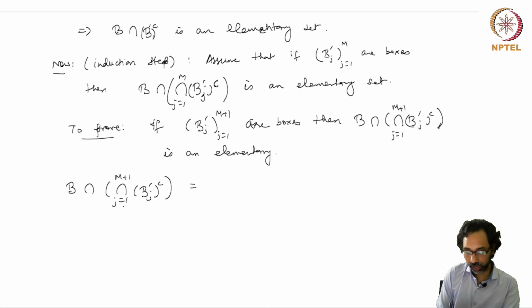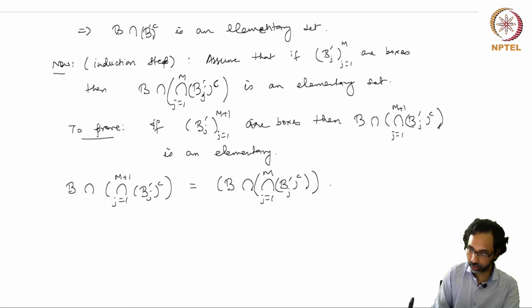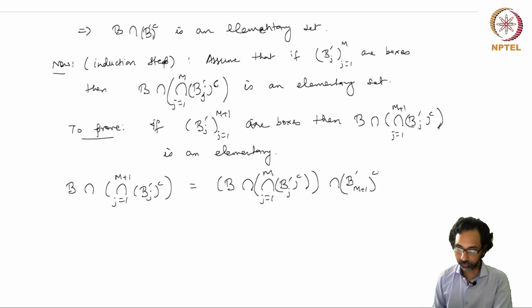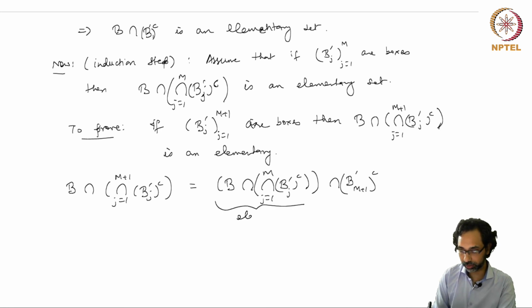Note that you can take out m of these and group it with B. So this is B intersection j equal to 1 to m Bj prime complement, and then again you can take an intersection with B m plus 1 prime complement. Now we know that from our induction hypothesis this is an elementary set.